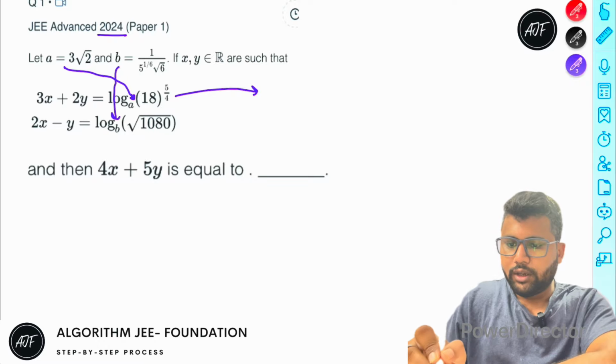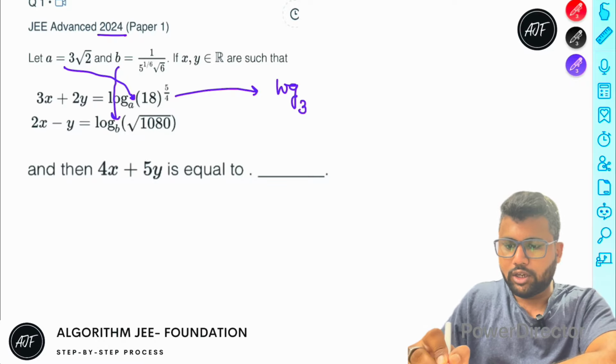Now see, log base a of 18, where a is 3 root 2.